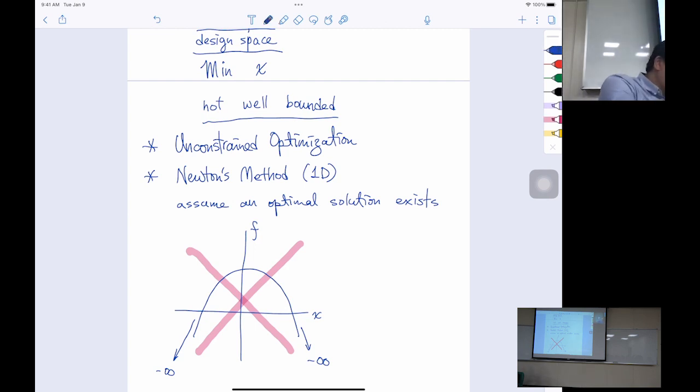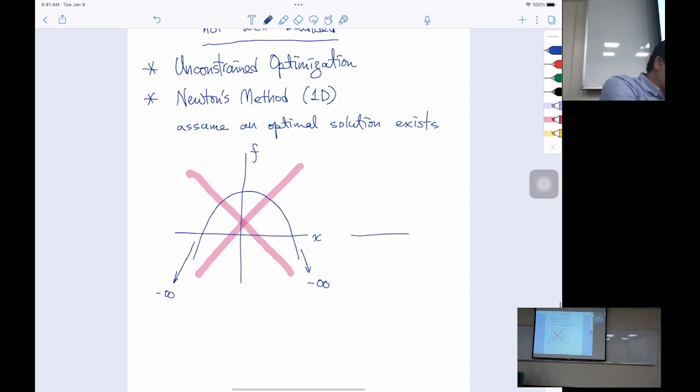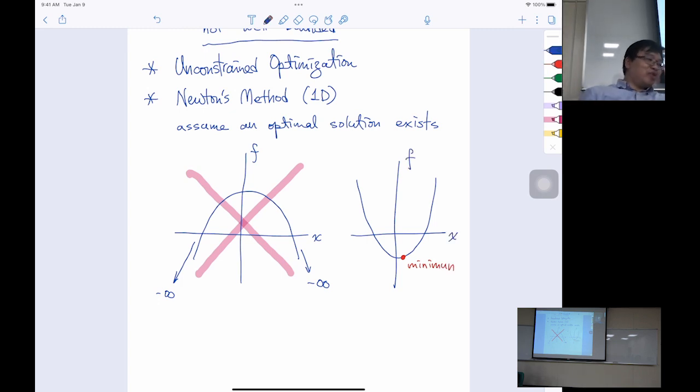So we usually try to solve a problem that looks like this, that has a bottom. That's your minimum. Right? So we like problems like that. And in calculus, actually we know over there the slope is 0, right?